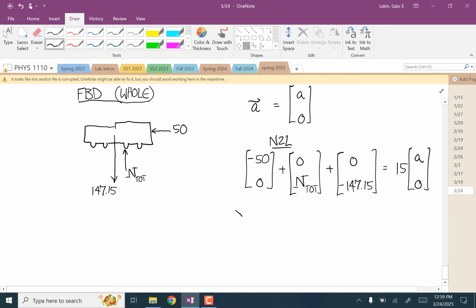The x equation here says negative 50 is equal to 15a. And so A is equal to negative 3.3 repeating meters per second squared.